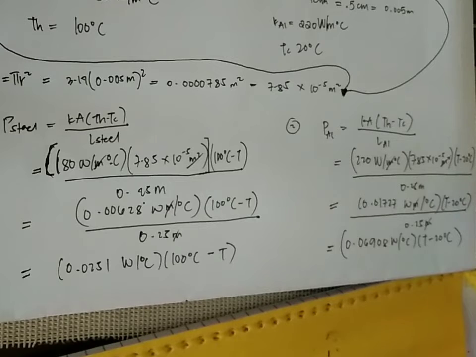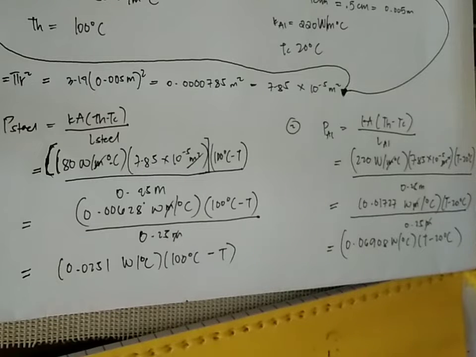We use the formula for the rate of conductive heat transfer, starting with the steel. The rate of conduction of steel is equal to the thermal conductivity of steel multiplied by the area of steel, then multiplied by T_H minus T_C all over the length of the steel.